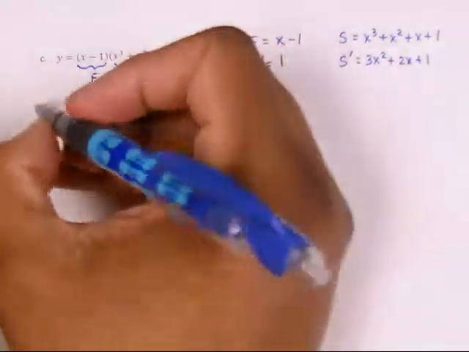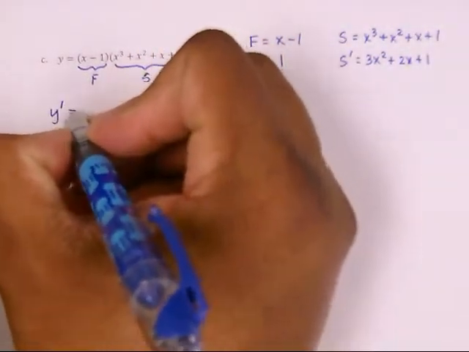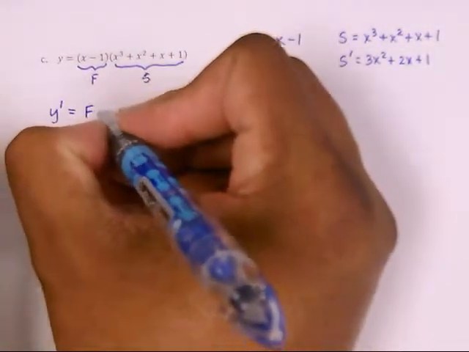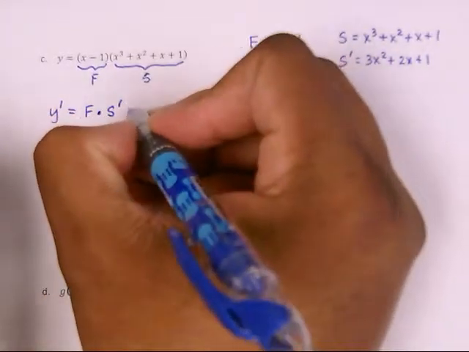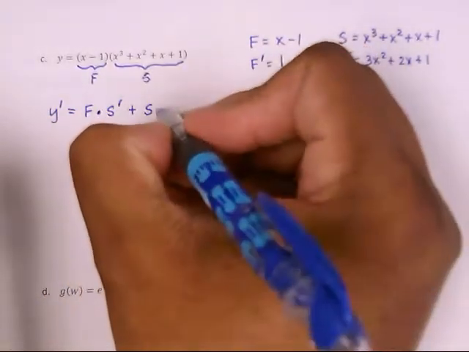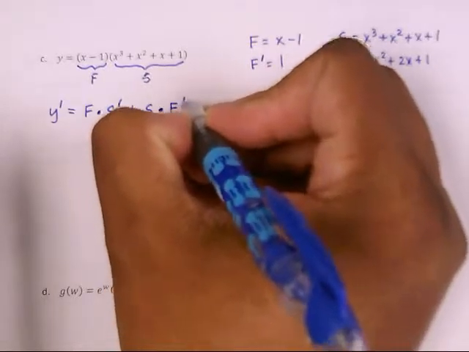Alright, so now we can apply that product rule here. So the y prime will be first times the derivative of the second plus the second times the derivative of the first.